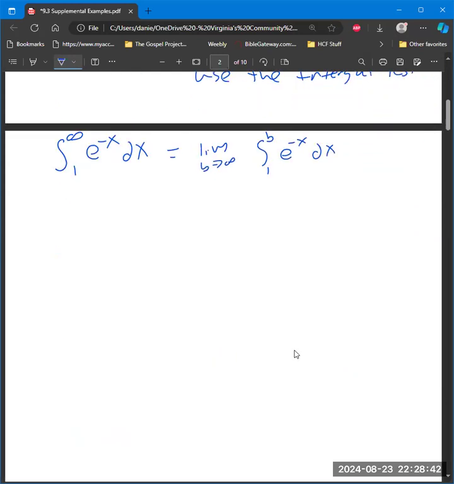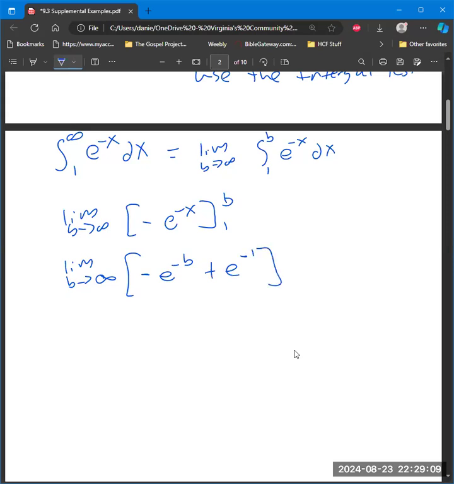That becomes negative e to the negative x from 1 to b, limit as b goes to infinity, of negative e to the negative b plus e to the negative 1, which equals the limit as b goes to infinity of 1 over e minus 1 over e to the b.